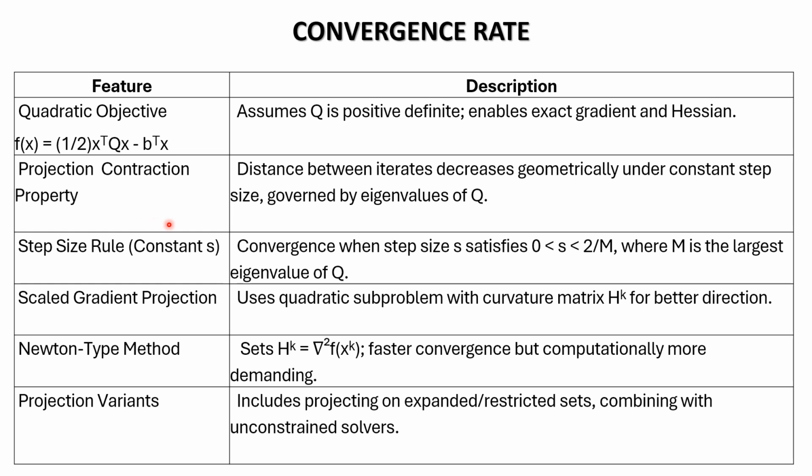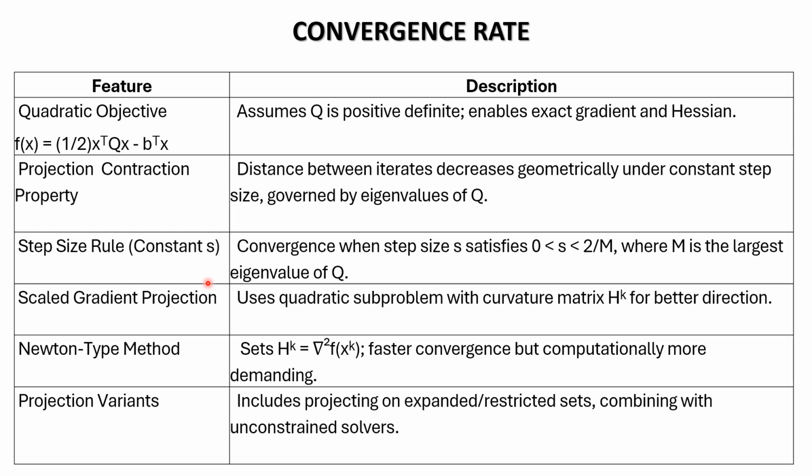Then the projection contraction property: the distance between iterates decreases geometrically under constant step size, governed by the eigenvalues of matrix Q. Then the step size rule, in which we consider constant s. Then convergence holds when step size s satisfies that s is positive but less than 2 over m big, where m big is the largest eigenvalue of matrix Q.